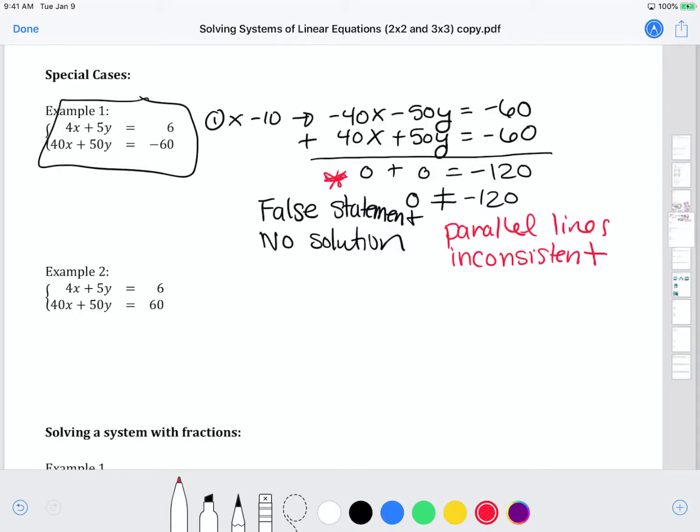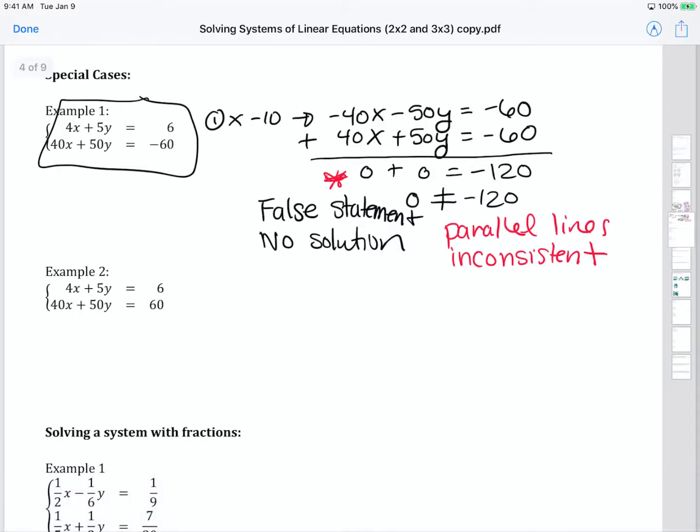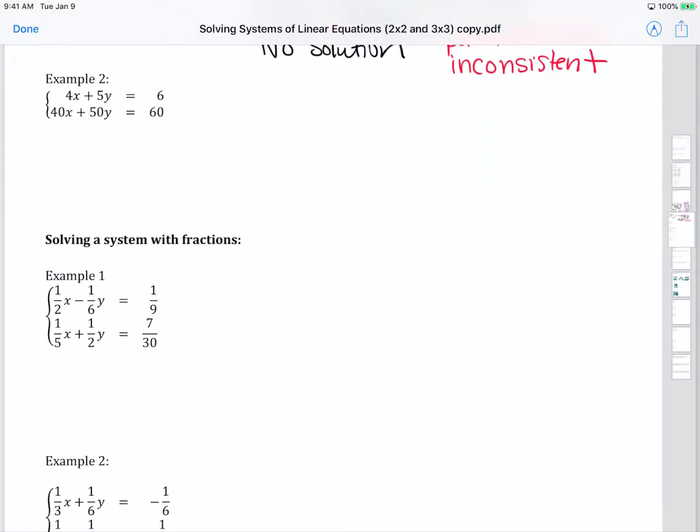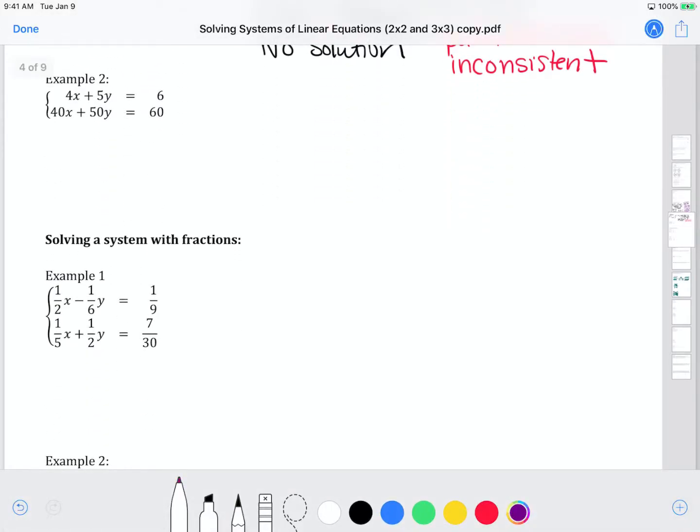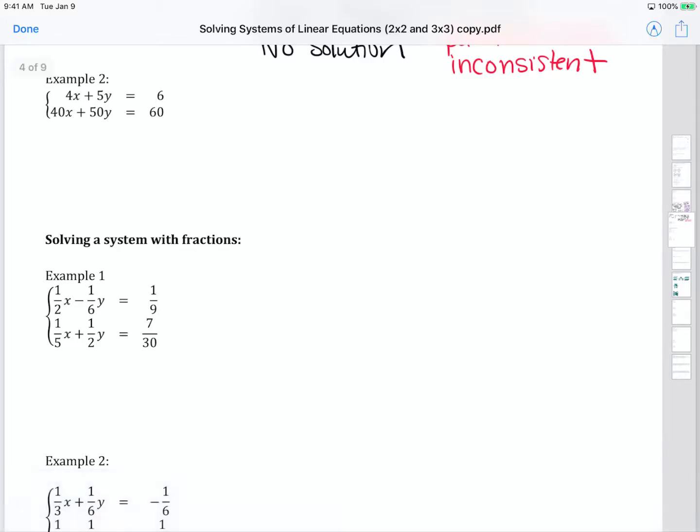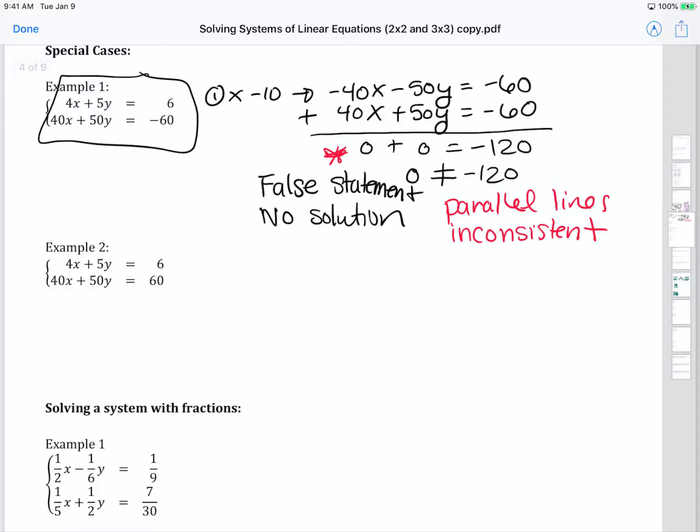Okay, the next special case: 4x plus 5y is equal to 6, and then 40x plus 50y is equal to 60. So this is very similar to what we did up here, only notice this is a positive 60 down here instead of a negative 60. So I'm going to do the same thing.